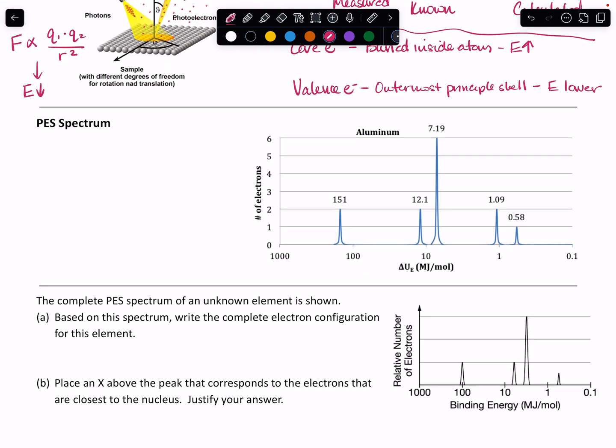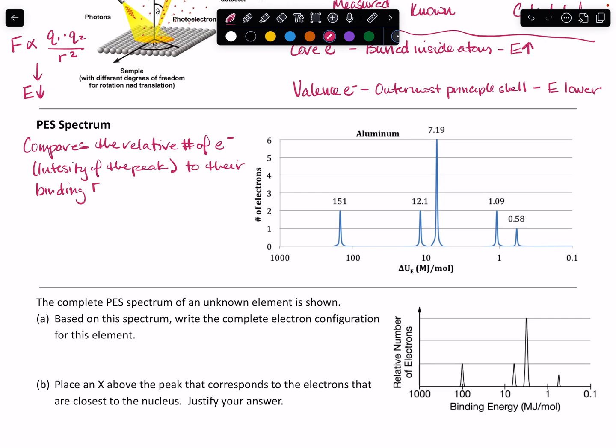I have aluminum's PES spectrum here, and what it does is it compares the relative number of electrons, which is your intensity of the peak, to their binding energy.